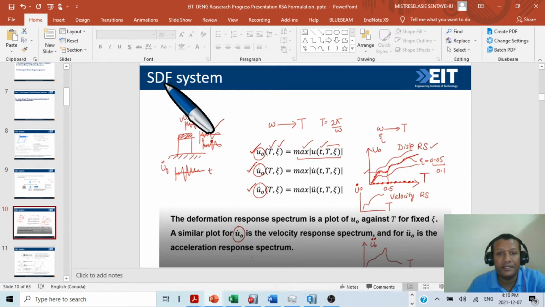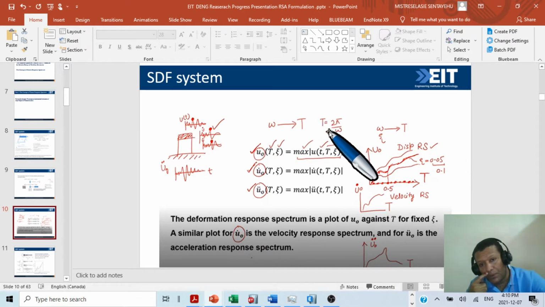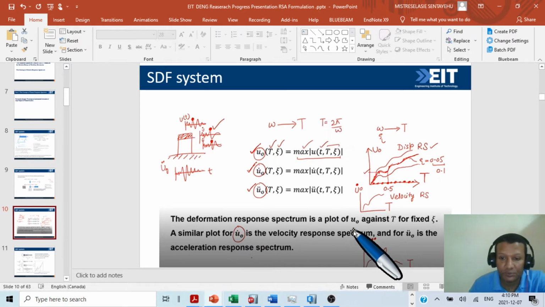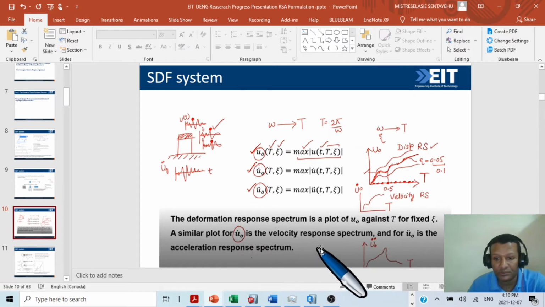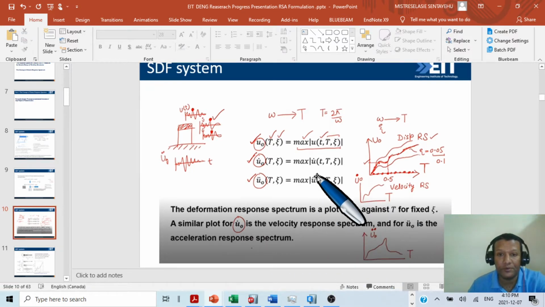For the single degree of freedom system, I will come up with how to construct the displacement response spectrum, the pseudo velocity response spectrum and the pseudo acceleration response spectrum. How we will construct, we will come up.